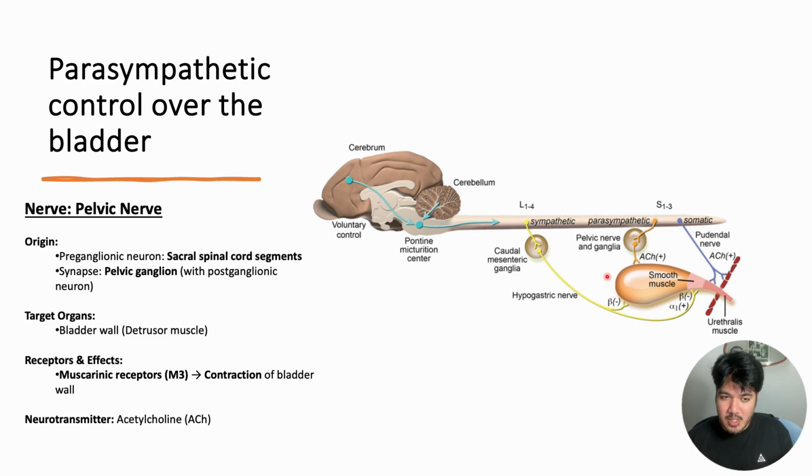Just remember, the preganglionic fibers in the parasympathetic nervous system start from your brainstem or your sacral region, and in terms of your sympathetic division, the preganglionic fibers tend to start from your thoracolumbar region. What do I mean by this? If you look at your hypogastric nerve from the slide before, it starts from your lumbar region here, whereas your pelvic nerve actually starts from your sacral region.